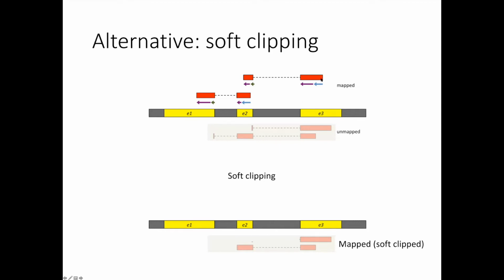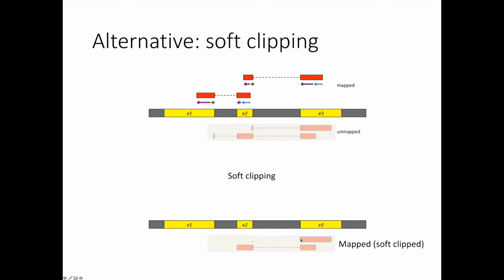So these 2 up here can map with confidence, but these ones have some parts that it can't map. They don't know where it is. So instead of just throwing them away, they just clip this part of the read away. They say, okay, I'm not going to care about this part, and not this either. I'm going to clip it away, which is called soft clipping.